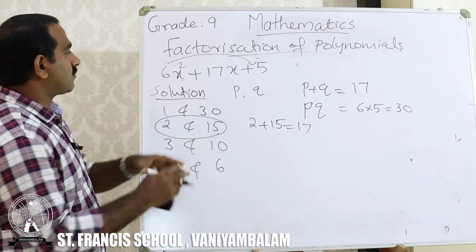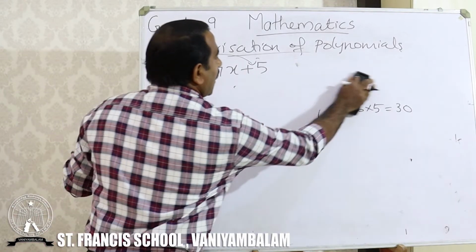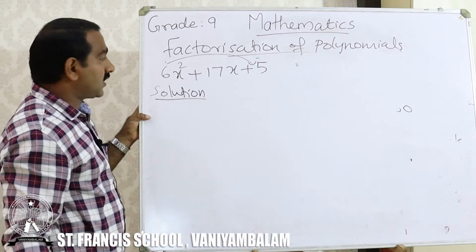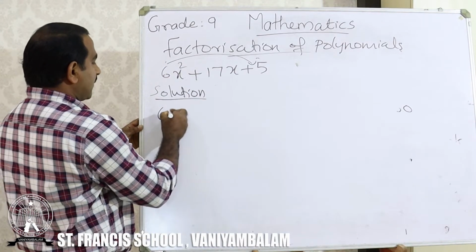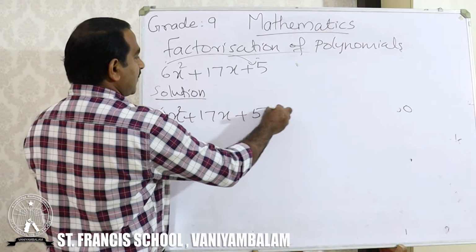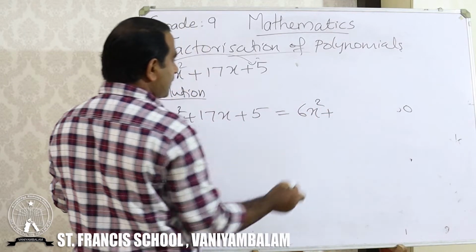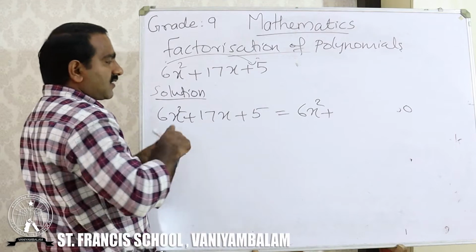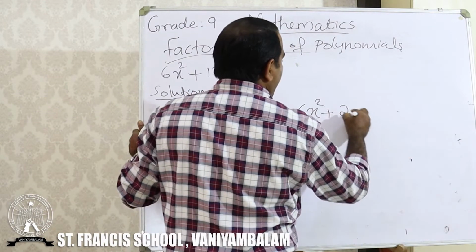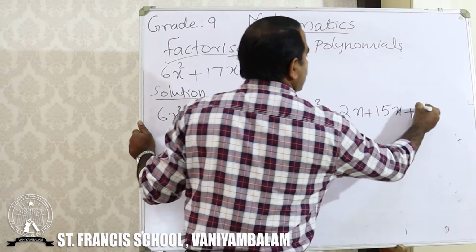So how to write this polynomial by splitting the middle term? The given polynomial 6x square plus 17x plus 5 is equal to 6x square plus 2x plus 15x plus 5.